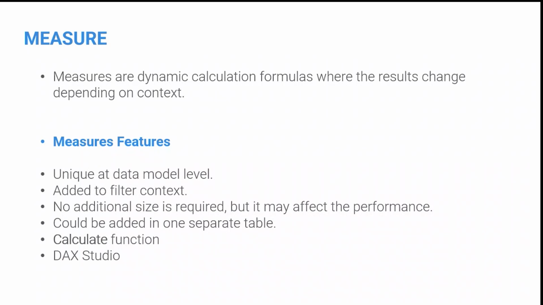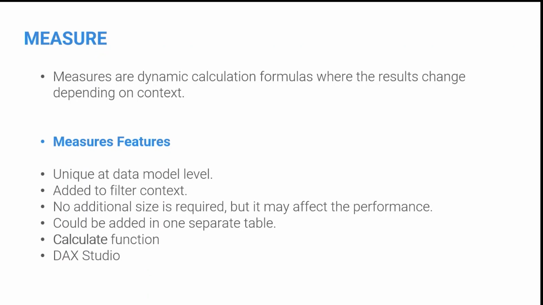It is not related to just one table, and it is added to the filter context. Unlike the calculated column, it will not be added to the size of the table. It will be just in memory, but at the same time, it will affect performance. If you use a lot of measures, it may overwhelm your report. So make sure you balance and keep just the needed measures here.